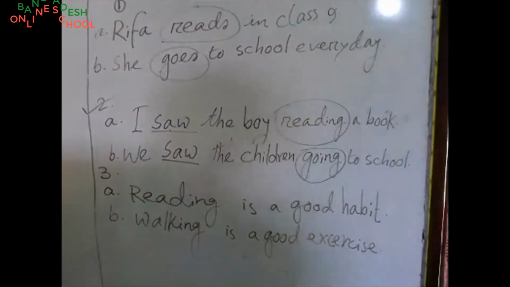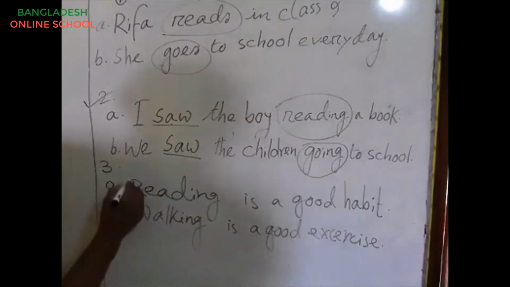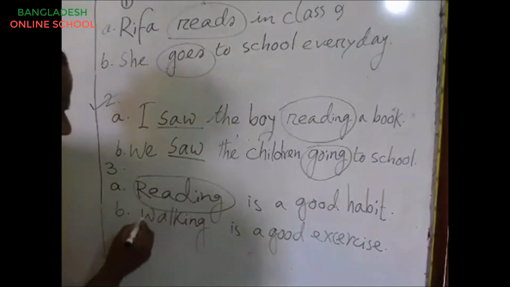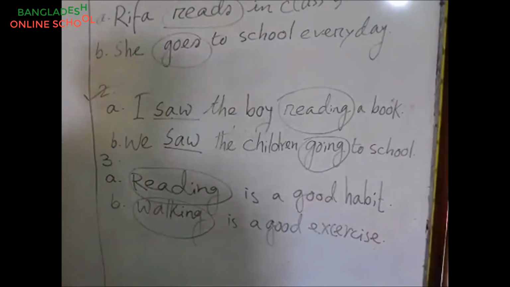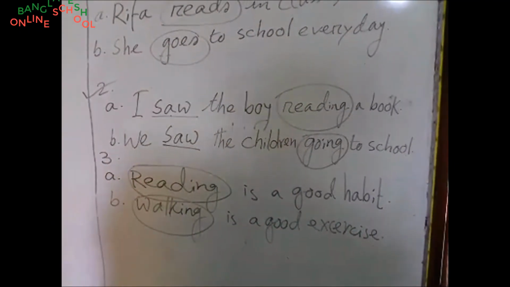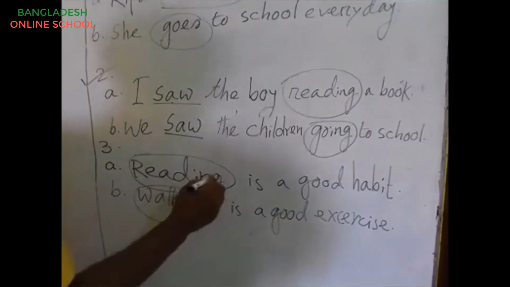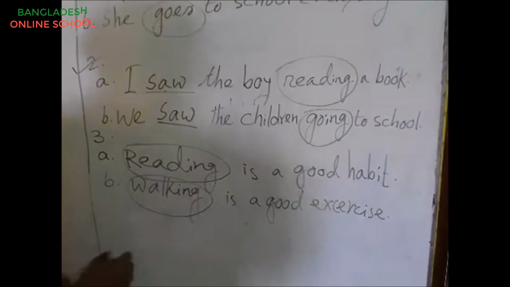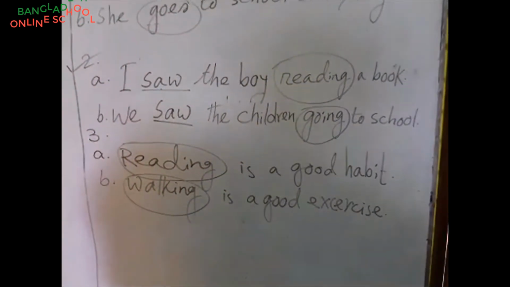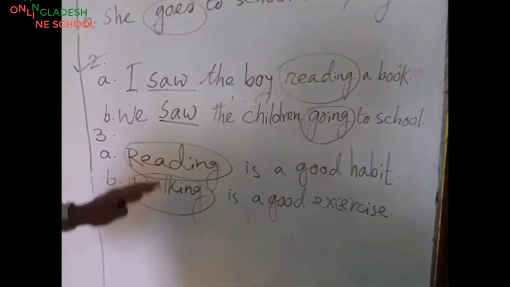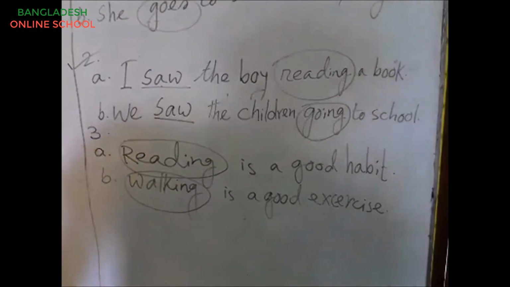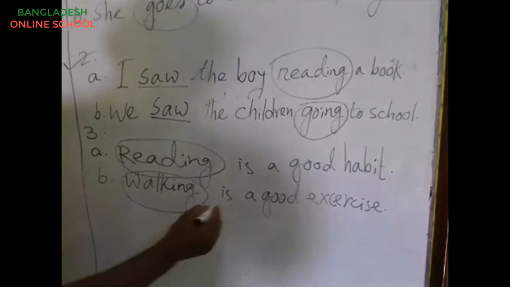In the third slot, you see reading and walking. These two verbs are non-finite verbs because these verbs do not have subjects and they cannot express their idea without the help of a finite verb.